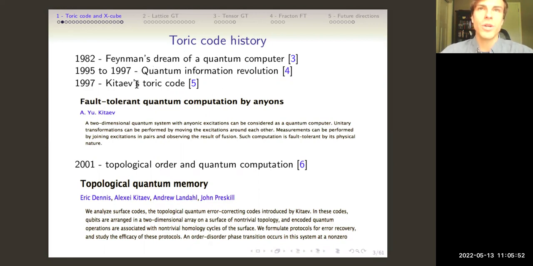Kitaev started to blend the field of quantum mechanics and quantum computing with condensed matter in his toric code, which we'll cover in the next slide.